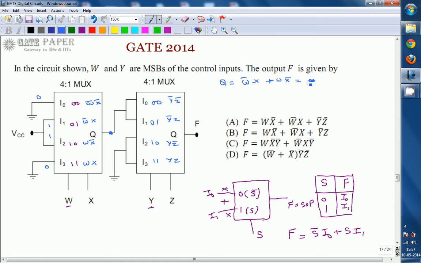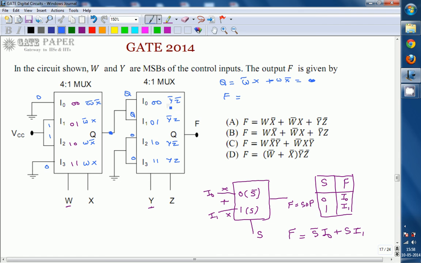Next, how do we write F? F is nothing but the inputs of this multiplexer. The first two lines are Q, because the output Q is the input for those lines, and the other two lines are zeros. 0 into something is 0, so I2 and I3 will not appear in the output expression, and we consider only the I0 and I1 minterms.